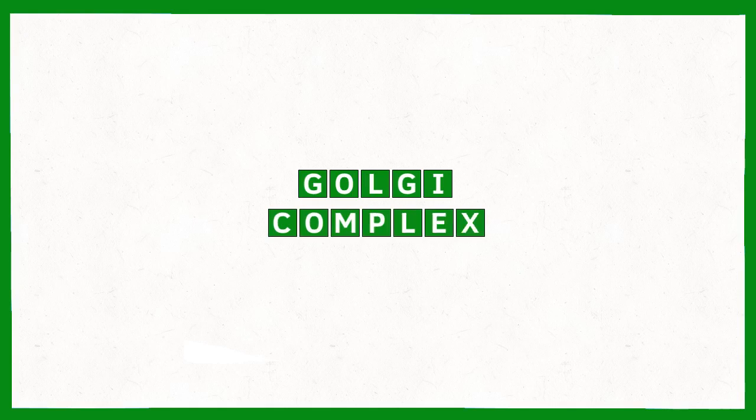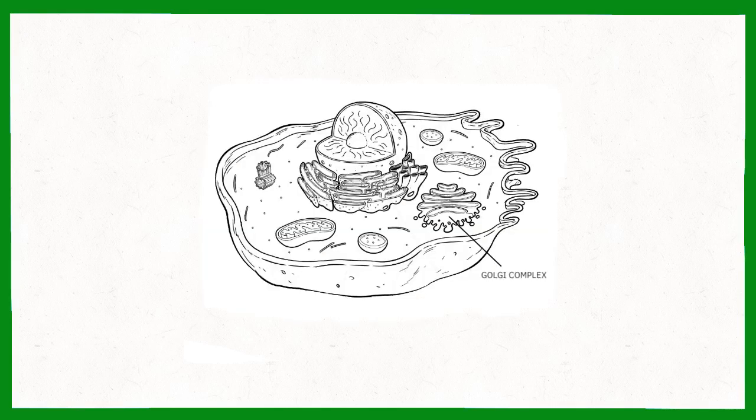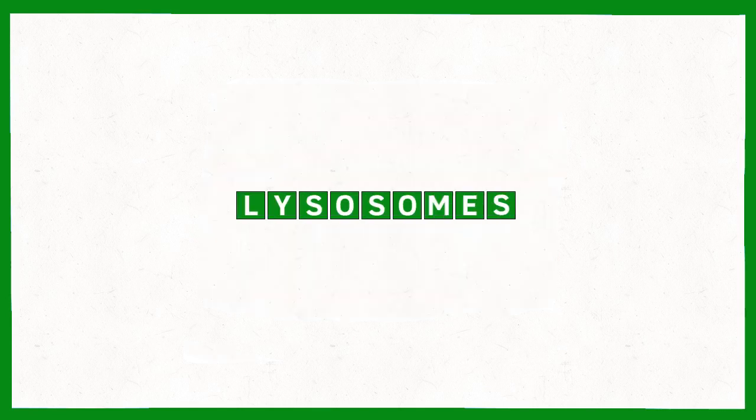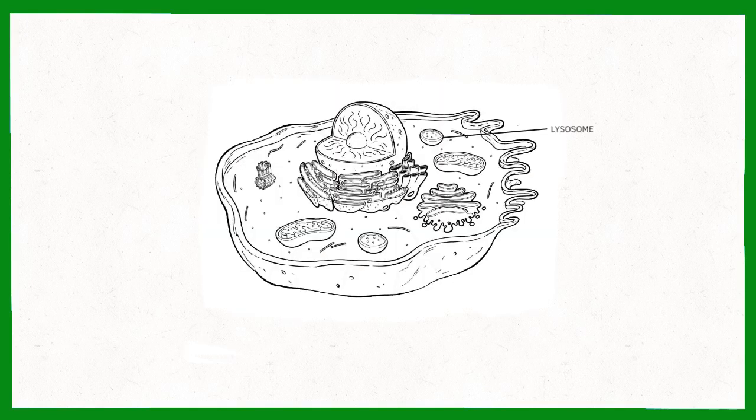Golgi complex. The Golgi complex consists of several layers of membrane-bound, smooth-surfaced, and flattened tubes or cisternae that are stacked on top of each other in a semicircular manner. Lysosomes. Lysosomes are chemical-containing pouches that move in the cytoplasmic matrix.